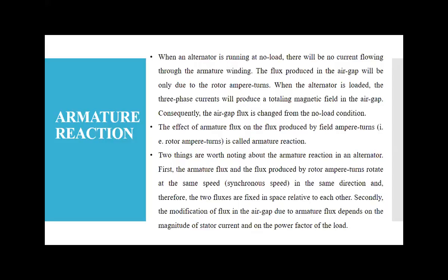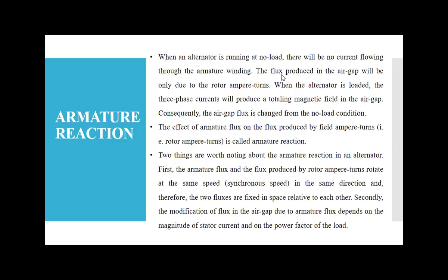In a DC generator, what are we doing? There are two options: either we rotate the armature or conductor and the field stays stationary, or we rotate the field and the armature remains stationary.